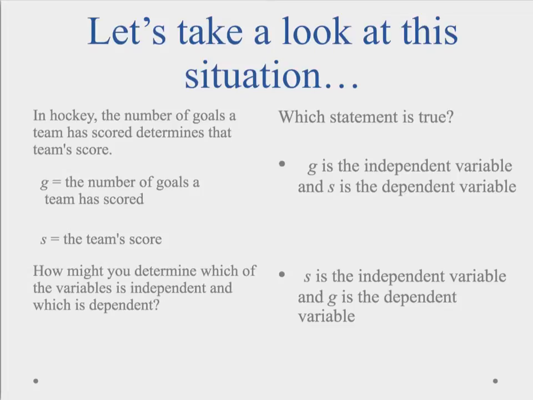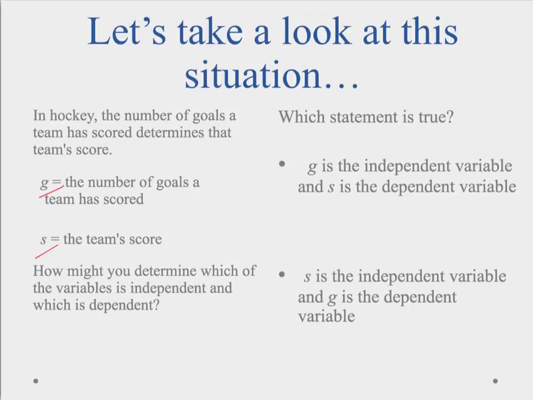Well, that's pretty simple. The number of goals you score determines your overall team score. So let G be the number of goals a team has scored, and let S be the team's score.